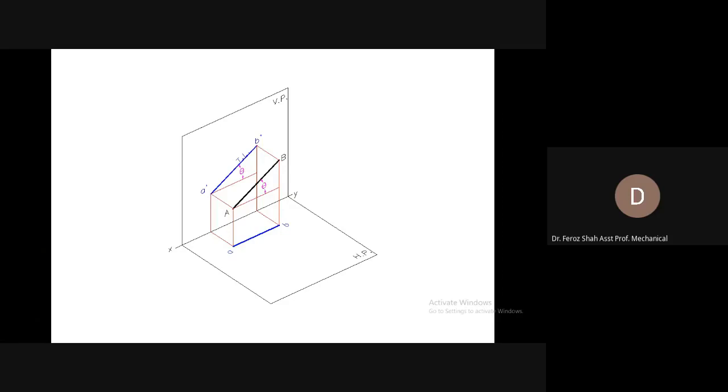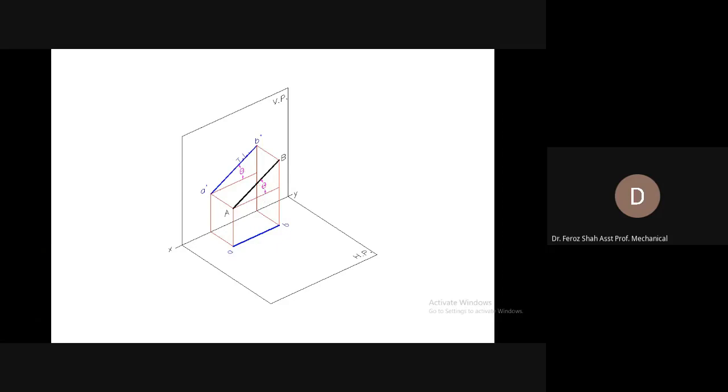A has this much distance above the horizontal plane, and B is at some greater distance as compared to A from the horizontal plane. So as the two ends are not equidistant from the horizontal plane, the line is said to be inclined to the horizontal.